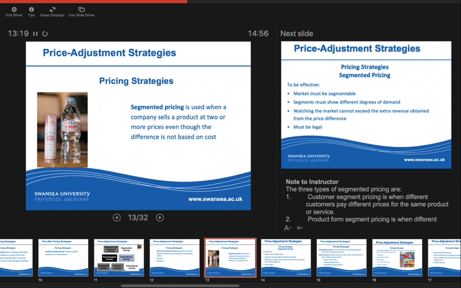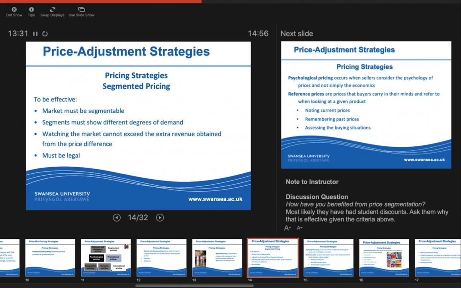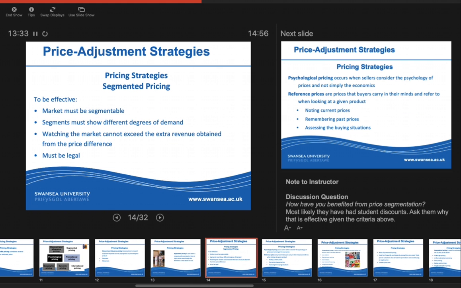So exactly the same product, but being sold at entirely different prices to different target markets. One for basic consumption as a fluid, and another for cosmetic reasons. Segmented pricing again. So to be effective, the market must be segmentable. In other words, you must have identified different market segments or potentially different uses for the product that you are selling.